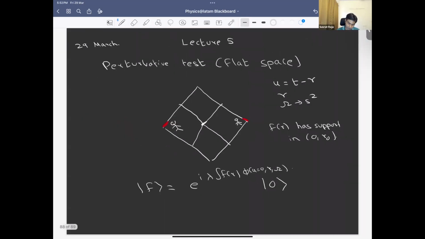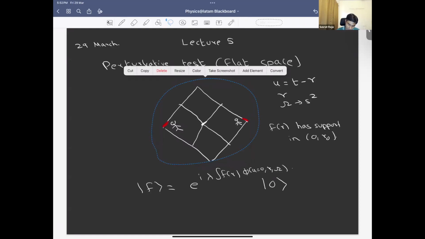So what the observers need to measure is the following correlation function. H. This correlation function, notice, is something that these people are in principle allowed to observe, right? Why?